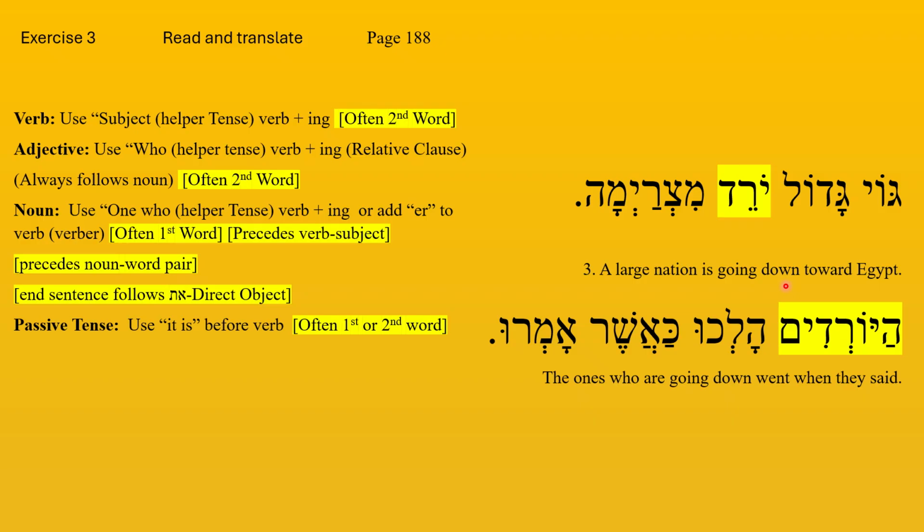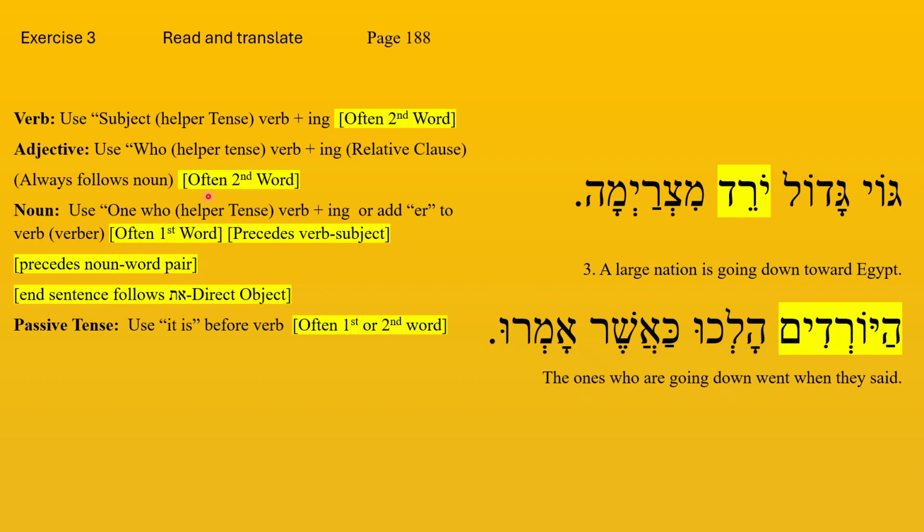All right. Second sentence in that number 3. Ha yordim halchu ka'asher amru. All right, so you recognize this is your participle in the first position.